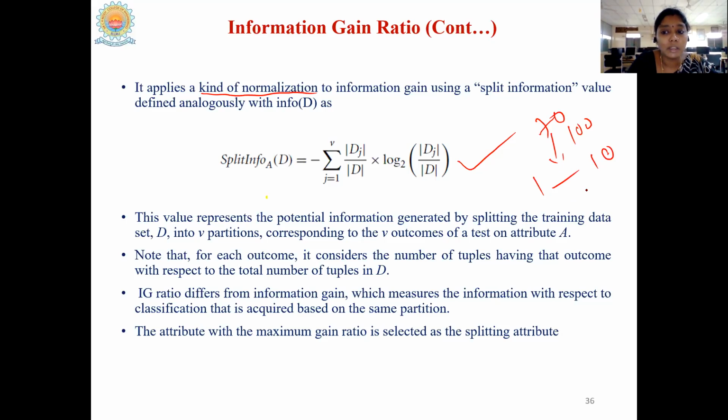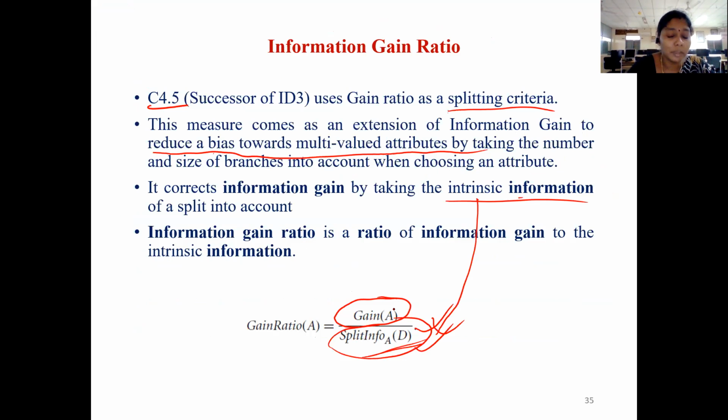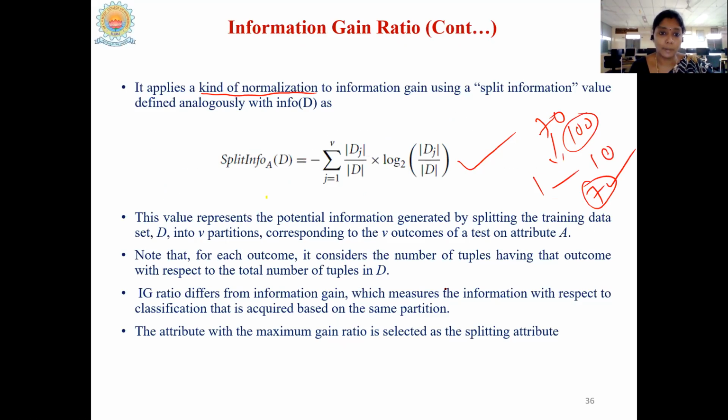Obviously 7. How do we get that? By performing a division with respect to 100, we get the normalized value. So here also we are dividing the information gain by the split information, which is represented as a kind of normalization.